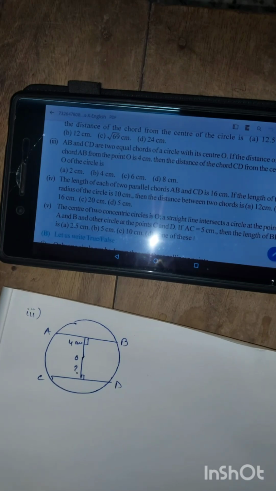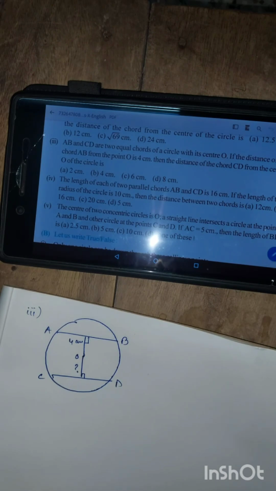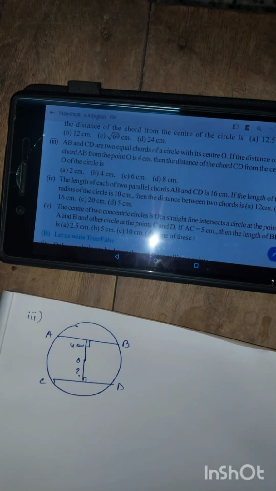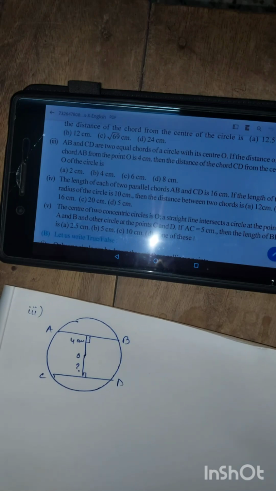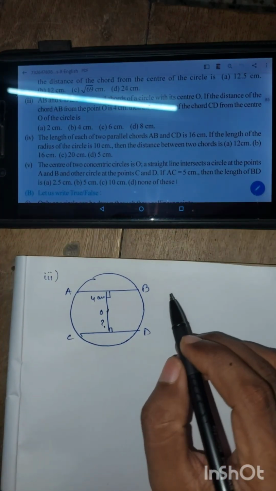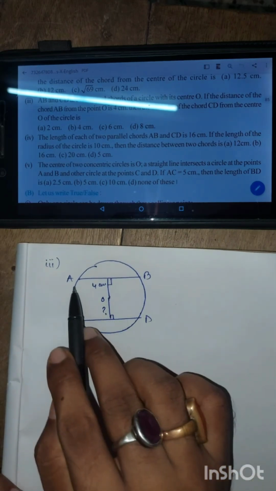Question number 3 says AB and CD are two equal chords of a circle with center O. If the distance of the chord AB from the point O is 4 cm, then the distance of the chord CD from the center O of the circle is, the answer is option B, 4 cm. This is our circle, this is AB and CD.